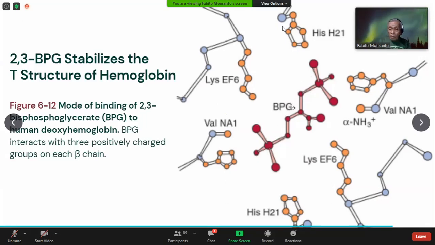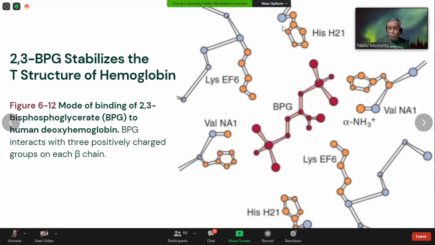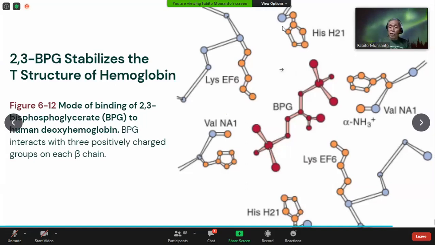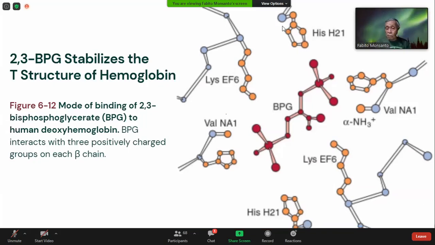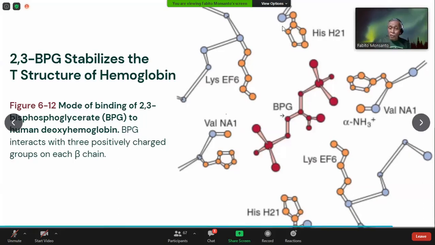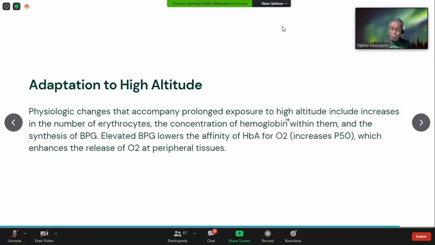This only happens when the hemoglobin discharges all of the oxygen, which is called deoxyhemoglobin. BPG comes in to stabilize the 2 beta structures so that the hemoglobin will not fall apart. Get the idea? So this is the function of that.